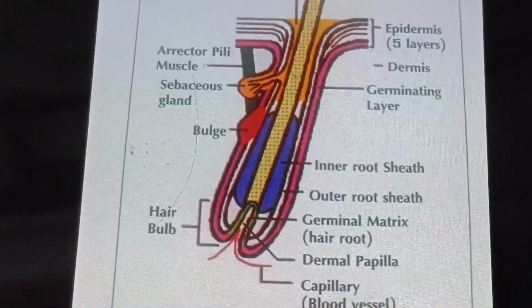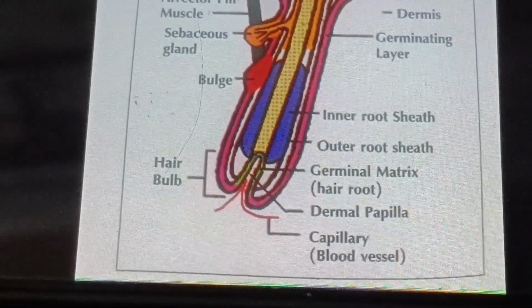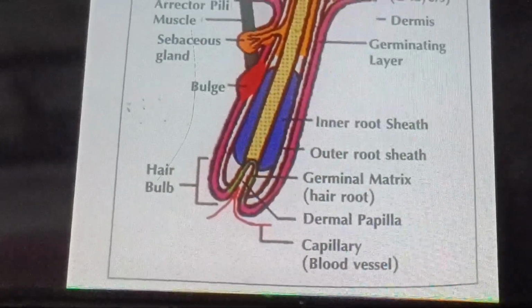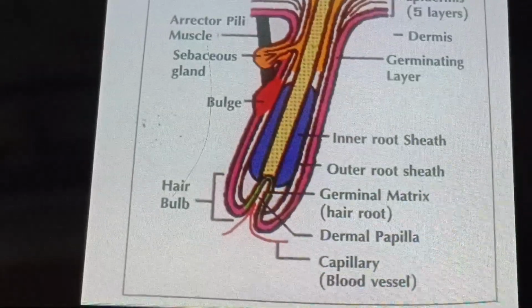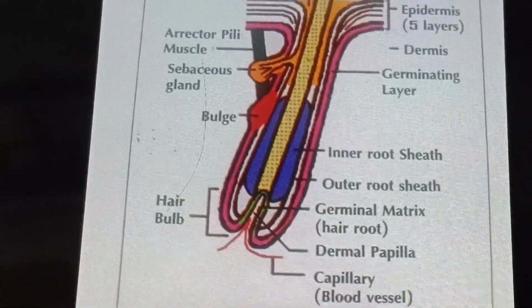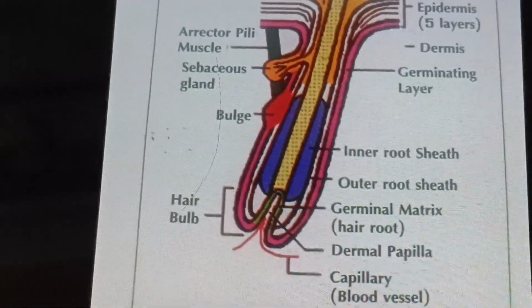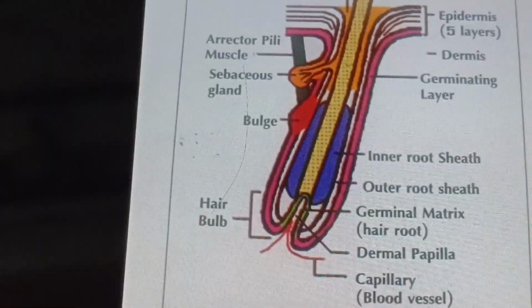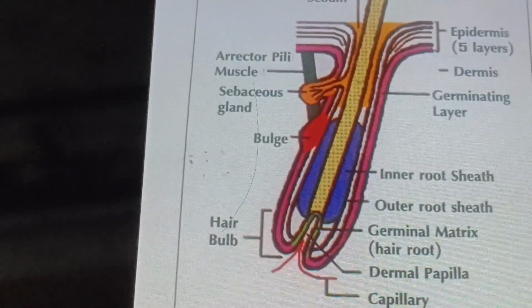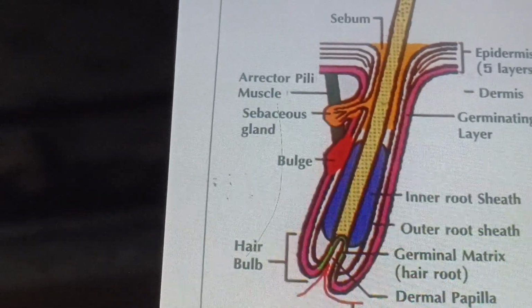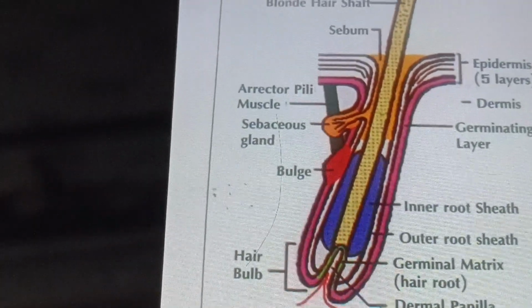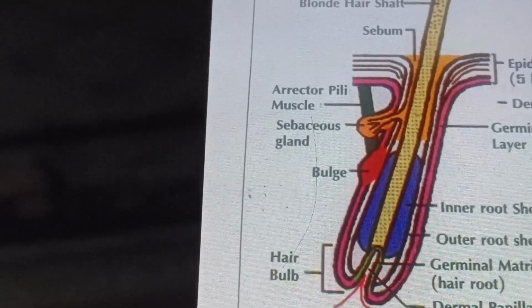Sixth is the sudoriferous glands. These glands are small tubular structures situated within and under the skin in the subcutaneous tissue. They discharge sweat by tiny openings in the surface of the skin. There are mainly two types of sweat glands that differ in structure.